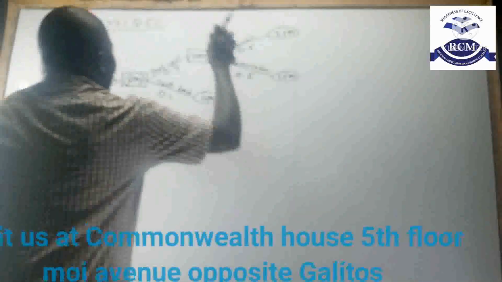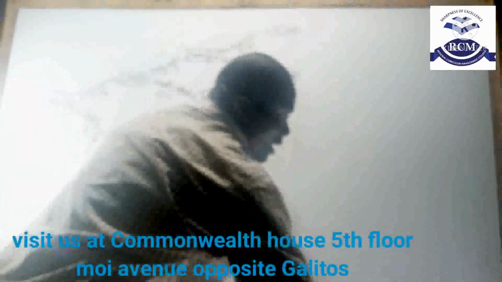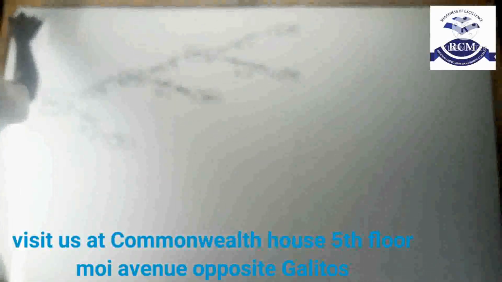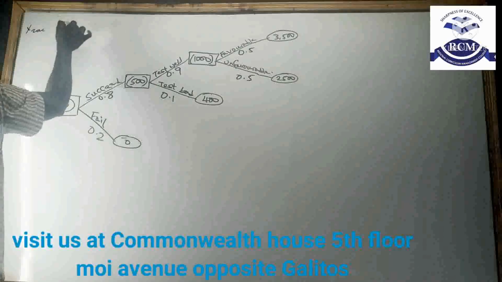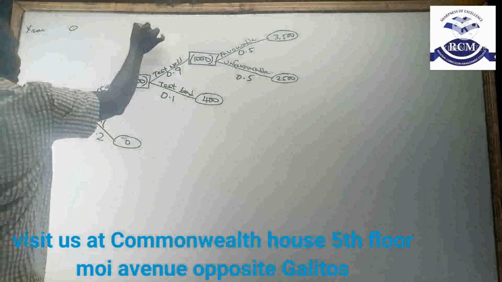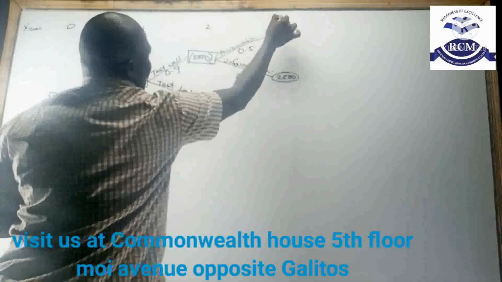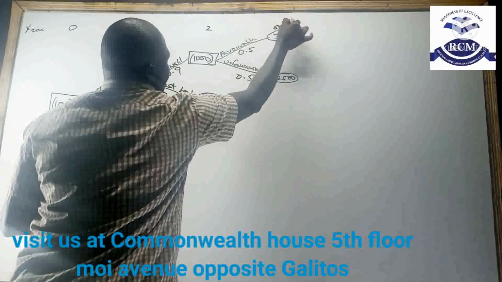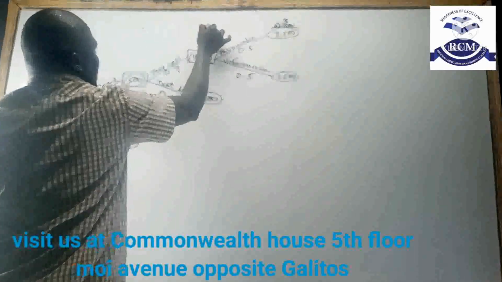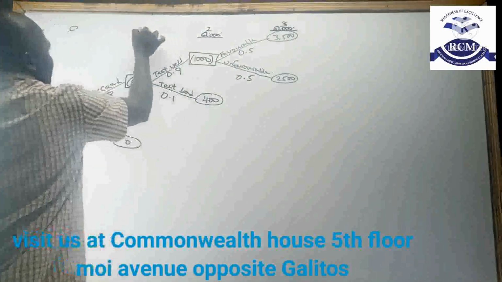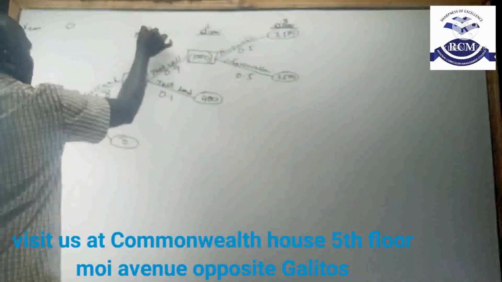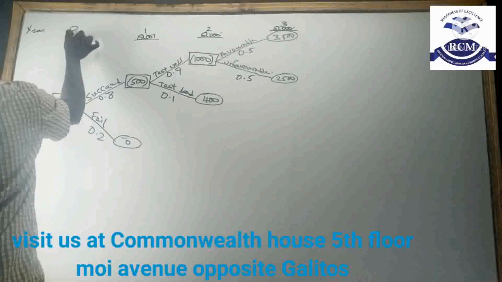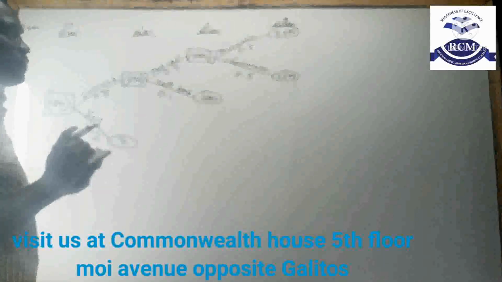So therefore here, I can appreciate that I have the years here. This can be year 0, year 1, year 2, and year 3. The figures are in thousands of shillings.